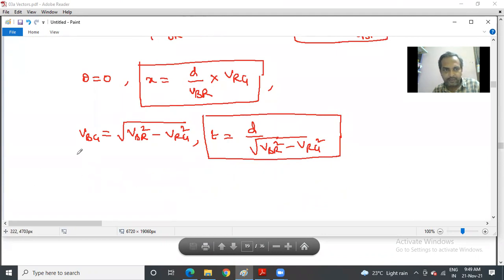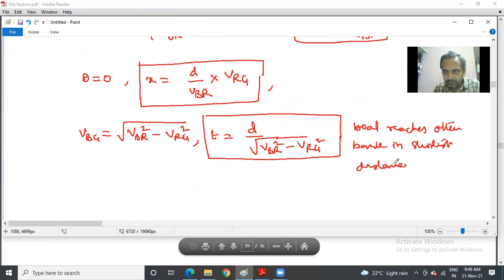This is when the boat reaches the other bank in shortest distance. Next, if the boat reaches the other bank in shortest time, the time is d by root over VBR square plus VRG square.